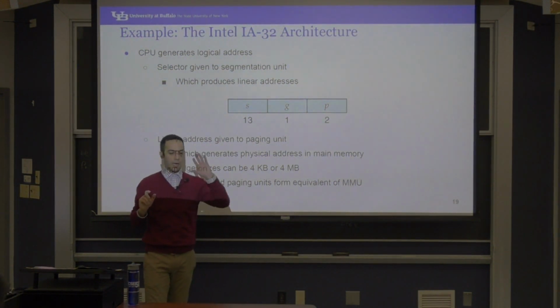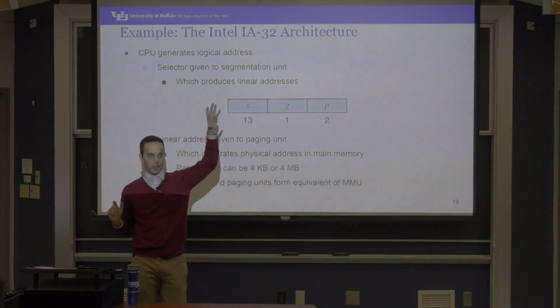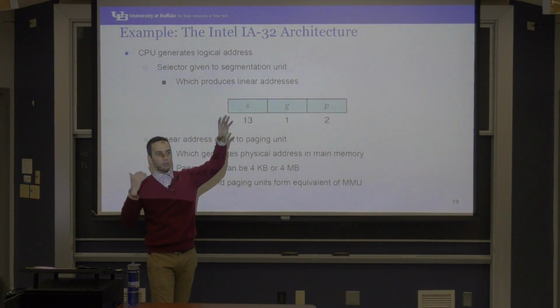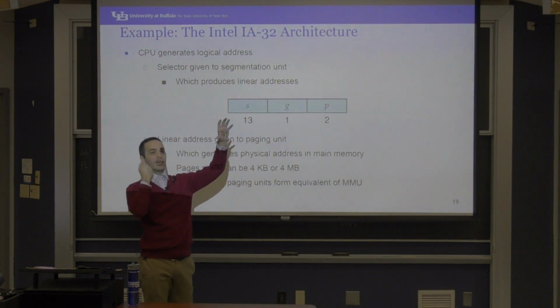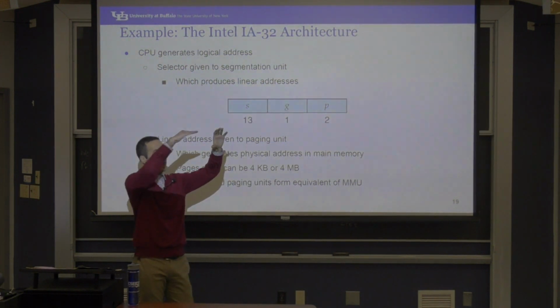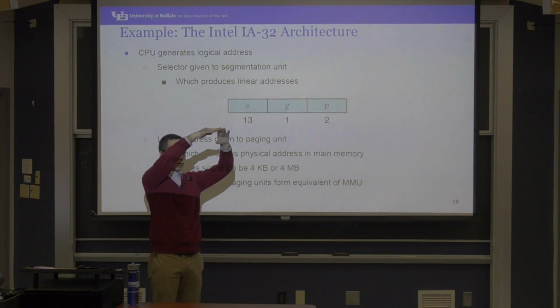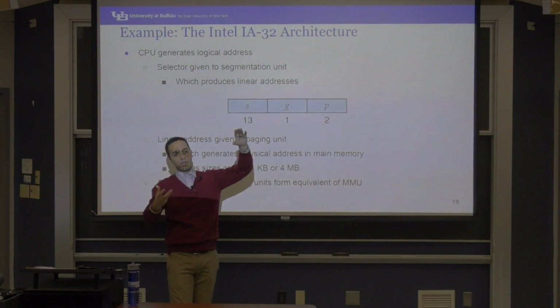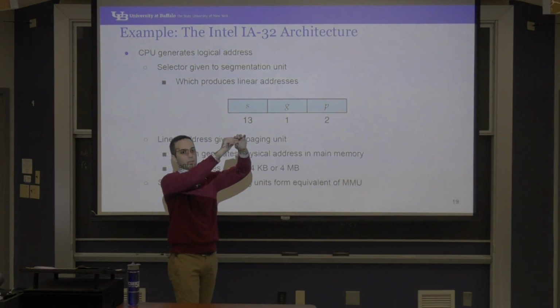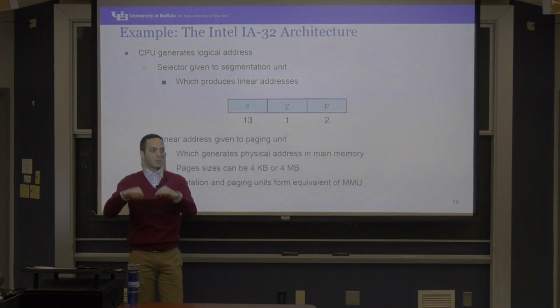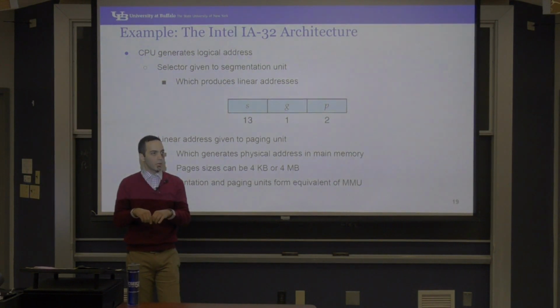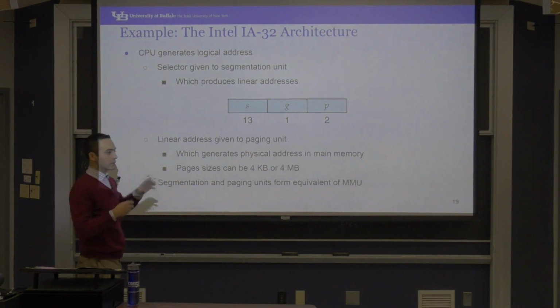It says, okay, I have a data segment, it's somewhere in memory, and now I want the third entry in that data segment. The fact that the user space says I want the data segment shows the base, and then the third entry defines the offset. But all in all, we are still talking about the logical address space of this user process. So this is called the linear address. This is still logical.